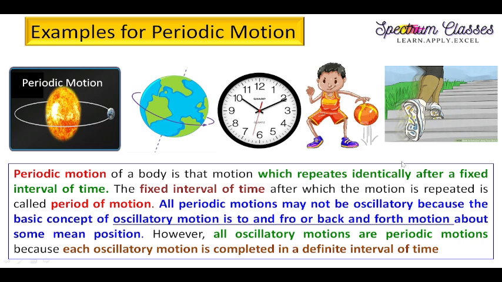In these objects, the objects are not moving about a mean position. I am going to discuss it in detail in the next slide. However, all oscillatory motions are periodic motions, which is important, because each oscillatory motion is completed in a definite interval of time, or it repeats itself after a definite interval of time.